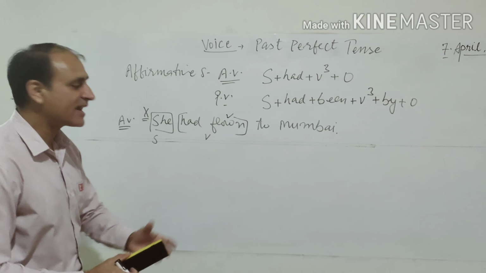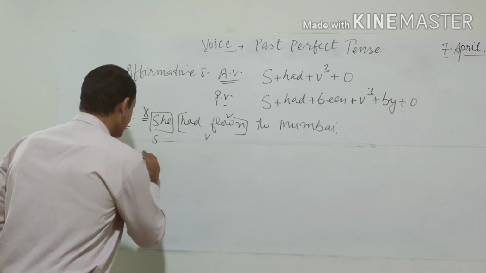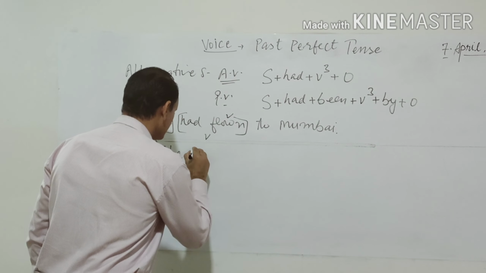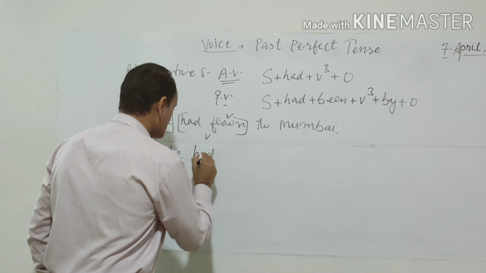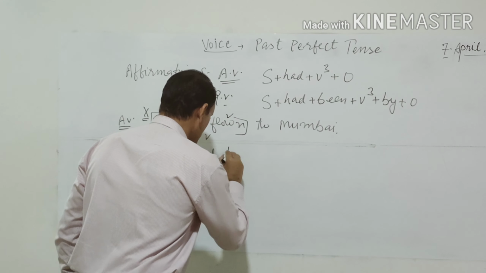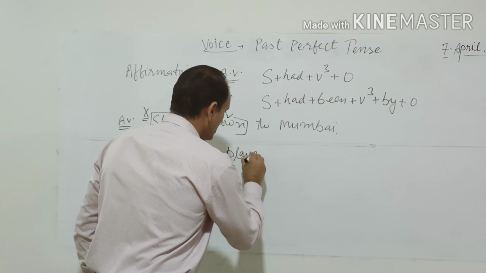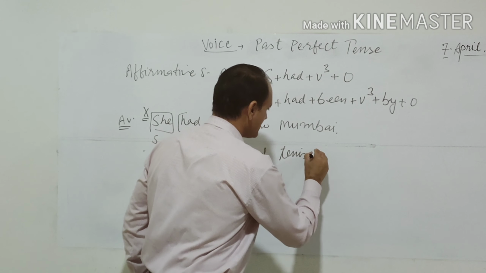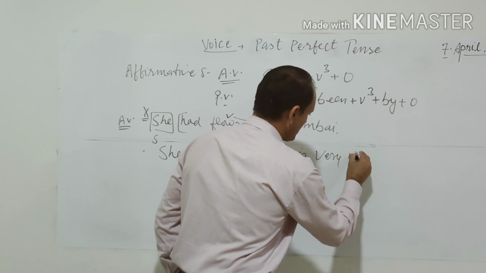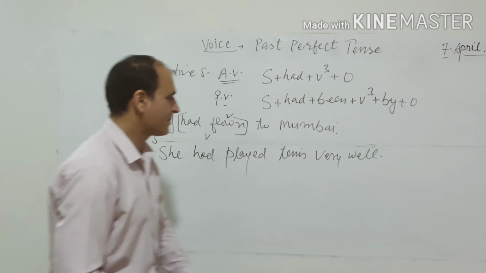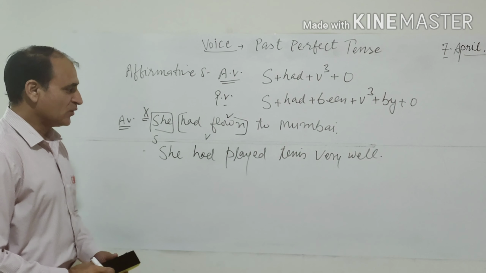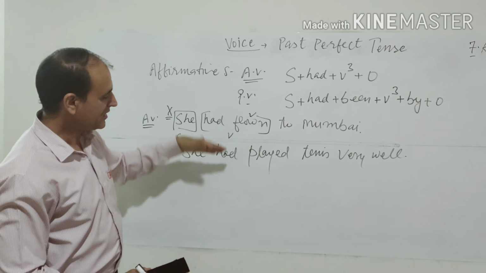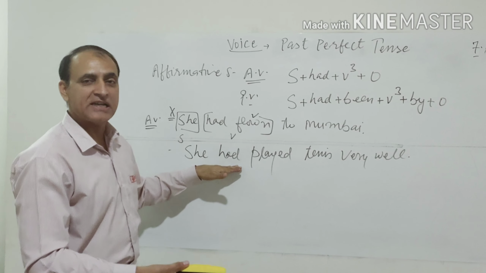So let's take another sentence over here: she had played tennis very well. So now let's see whether this sentence, like the previous one, has a transitive verb or an intransitive verb.